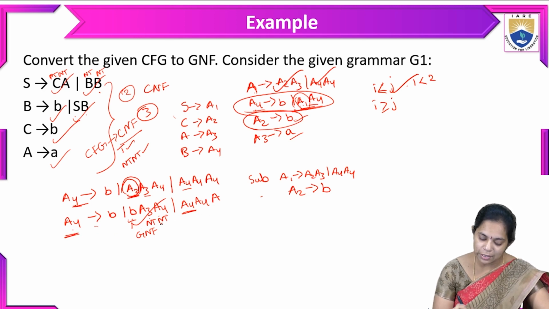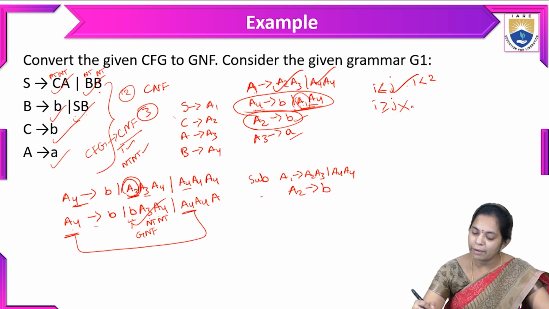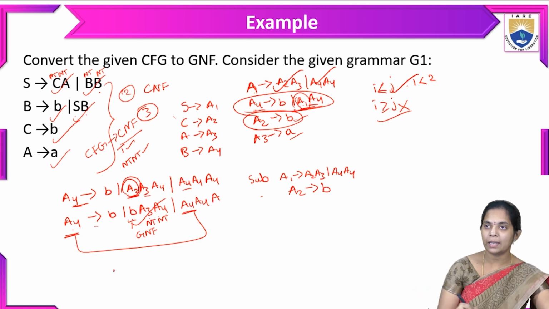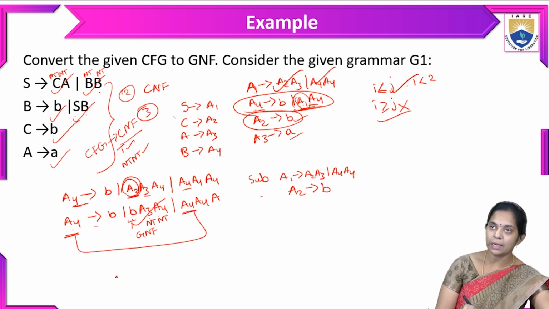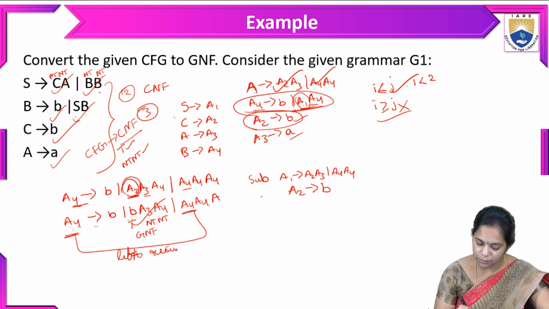This is the second condition, which we have to change. The left hand side and right hand side are the same, so we have to go for the left recursion.